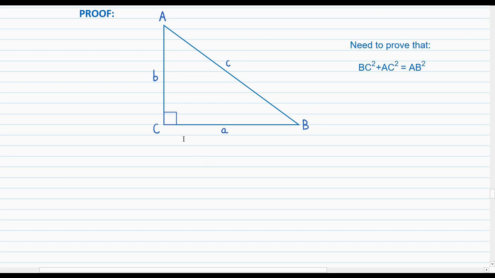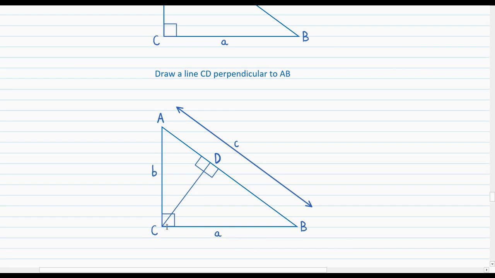To do this, the first step is to draw a line perpendicular to the side AB connecting to the point C, which would look like this, where that's the new line. It's perpendicular to the side AB.